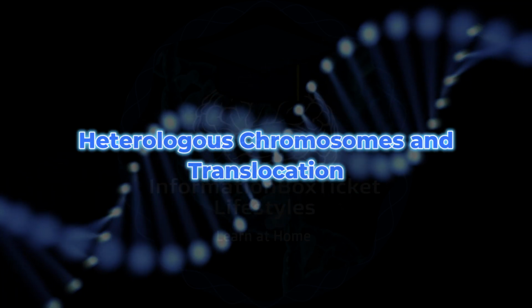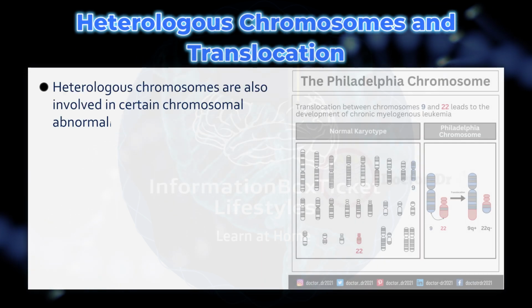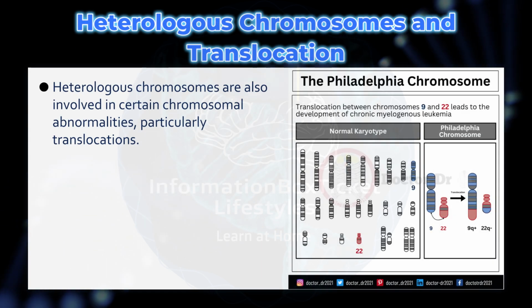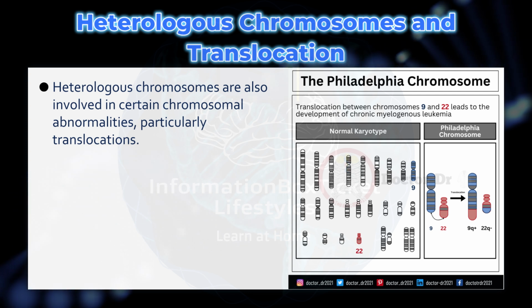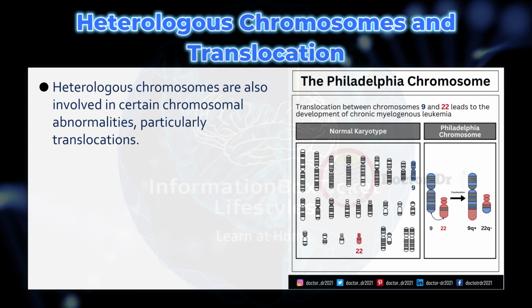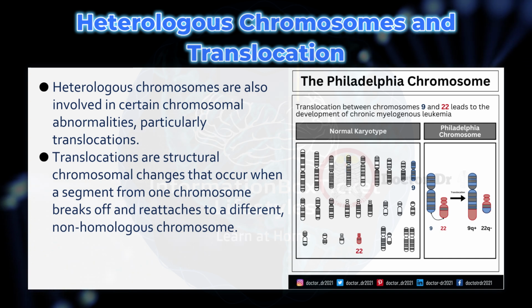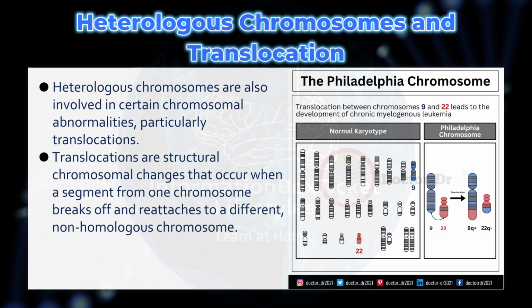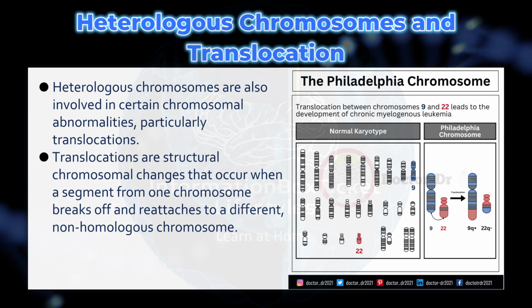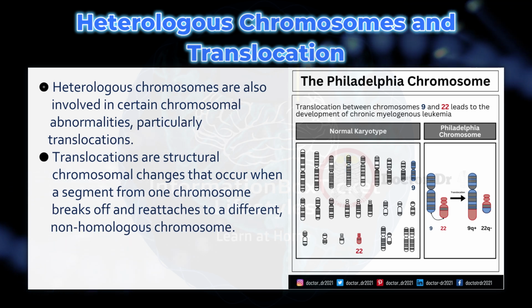Heterologous chromosomes and translocation. Heterologous chromosomes are also involved in certain chromosomal abnormalities, particularly translocations. Translocations are structural chromosomal changes that occur when a segment from one chromosome breaks off and reattaches to a different, non-homologous chromosome.